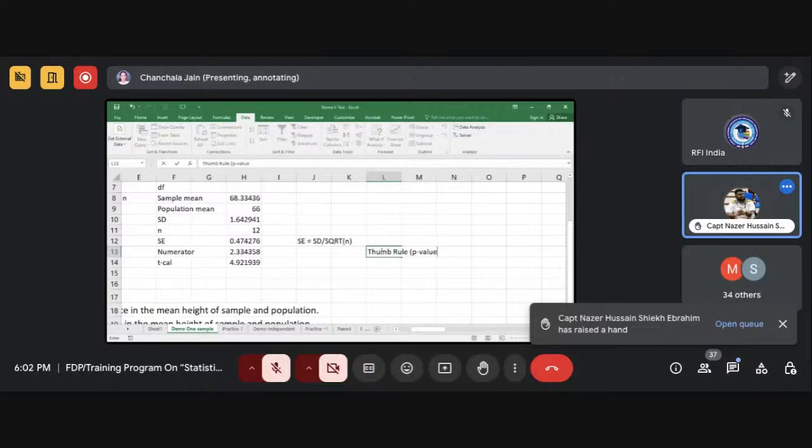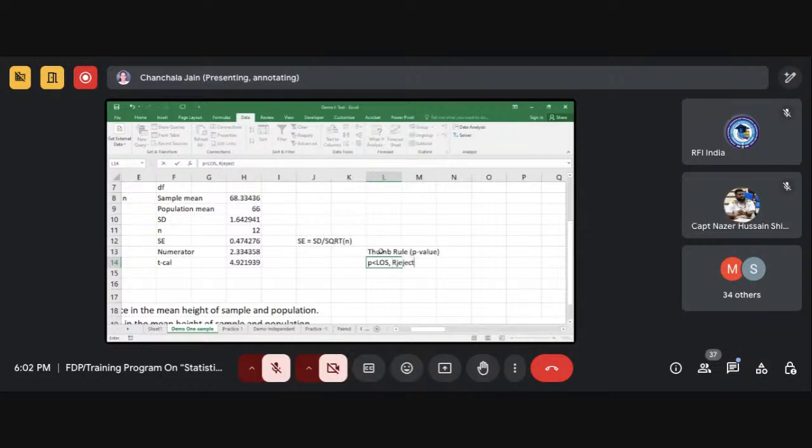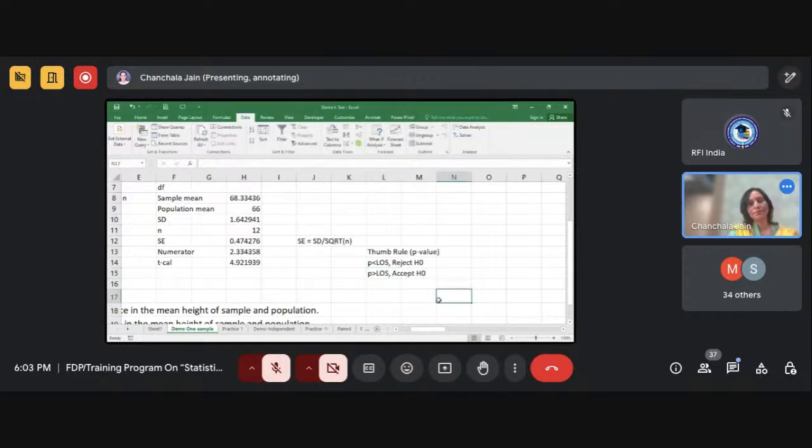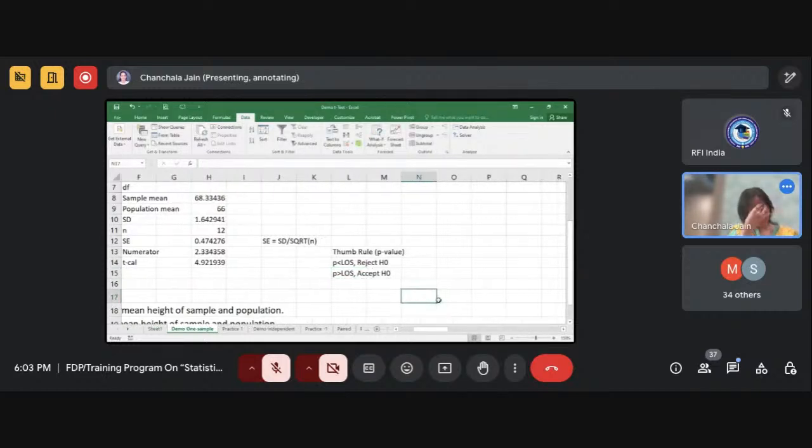If p is more than 0.05, then the null hypothesis holds. Yes, so this is the first thumb rule.